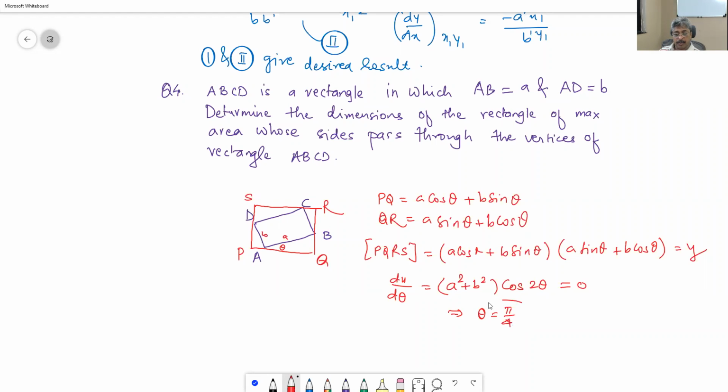Now at pi by 4 you need to cross check whether d2A by d theta square is less than 0 or not. If it is less than 0, this will give you maximum area. So at theta equal to pi by 4, the area is maximum.